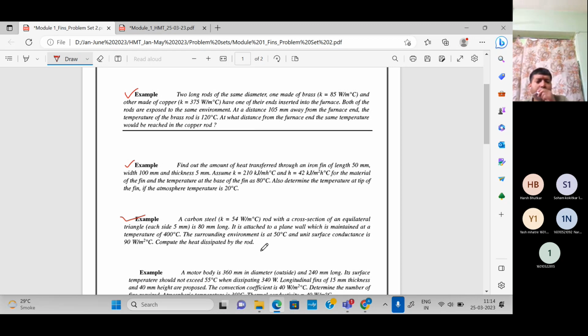So we can't use case 1. Okay, because case 1 is a fin having infinite length and temperature at the tip of the fin equal to the temperature of the surrounding fluid. So we can't assume case 1. We can assume either case 2 or case 3. Okay, so case 2 is okay, so we can assume case 2.